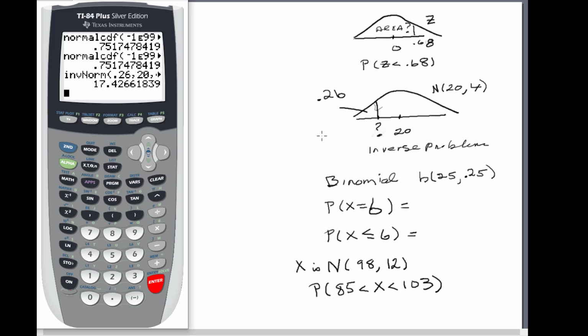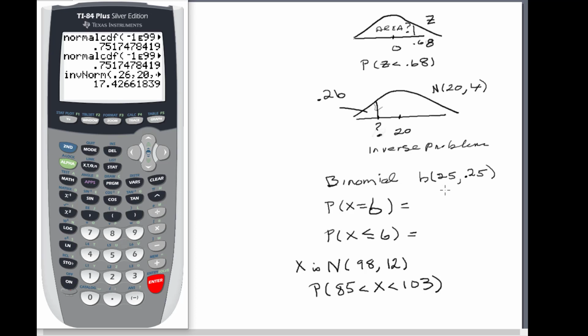Now in our upcoming exam, the only other distribution we know about by name would be a binomial. So let's suppose that we have a binomial distribution with an n of 25 and a p of 0.25. Remember, in this notation, the b means binomial. The 25 would be the number of independent repeated trials, and the 0.25 over here would be the p, or the probability of success.